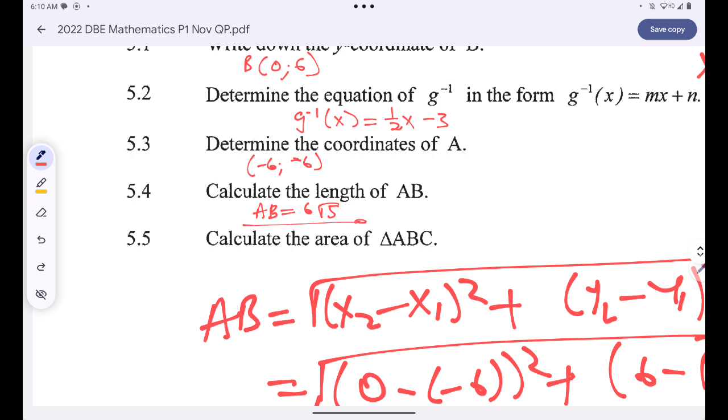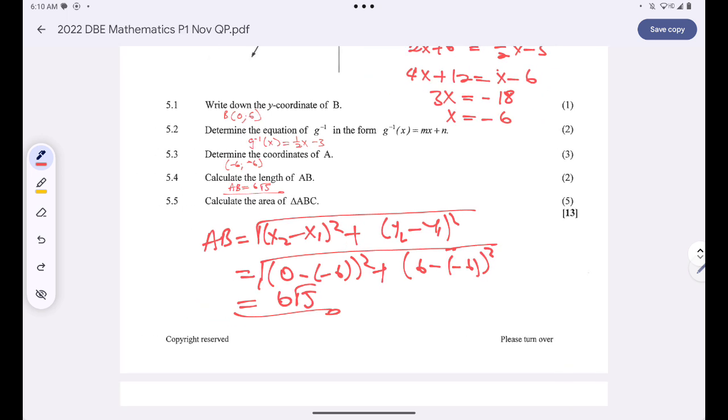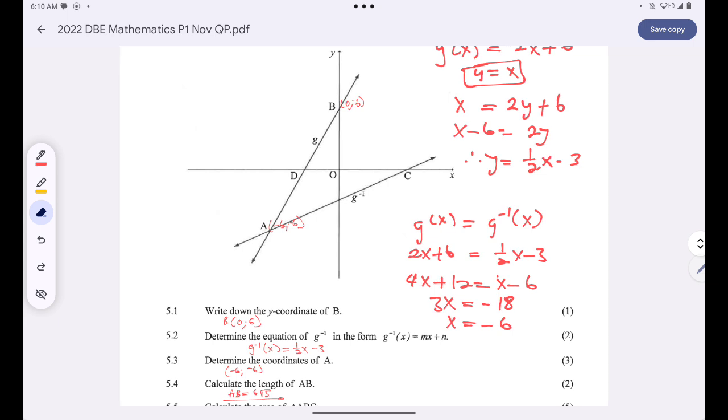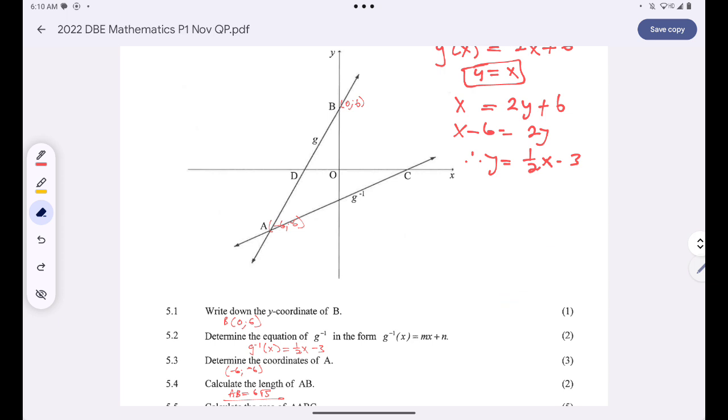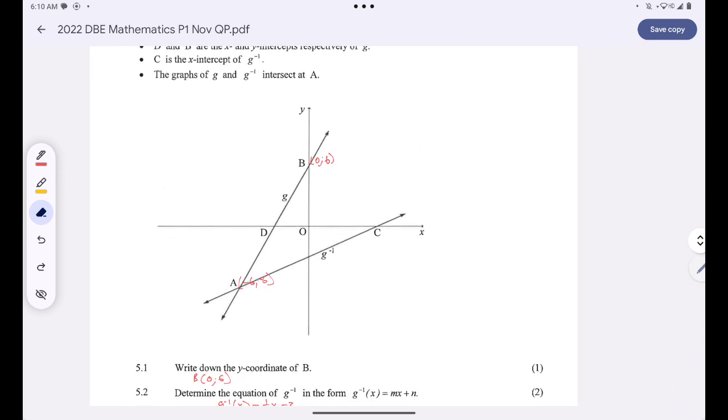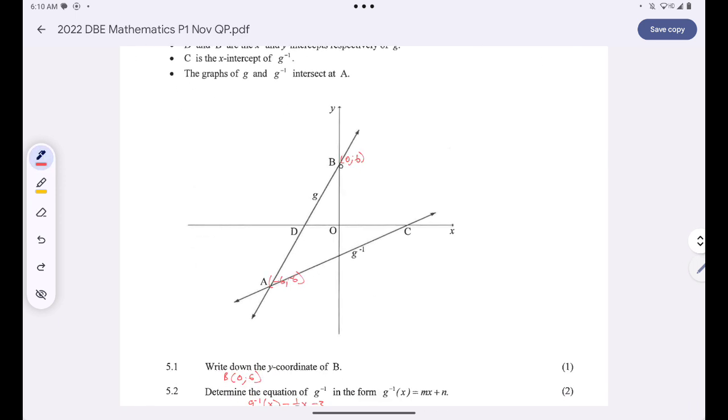Now you're supposed to calculate the area of triangle ABC. Where is C? How can I find the area of this triangle?